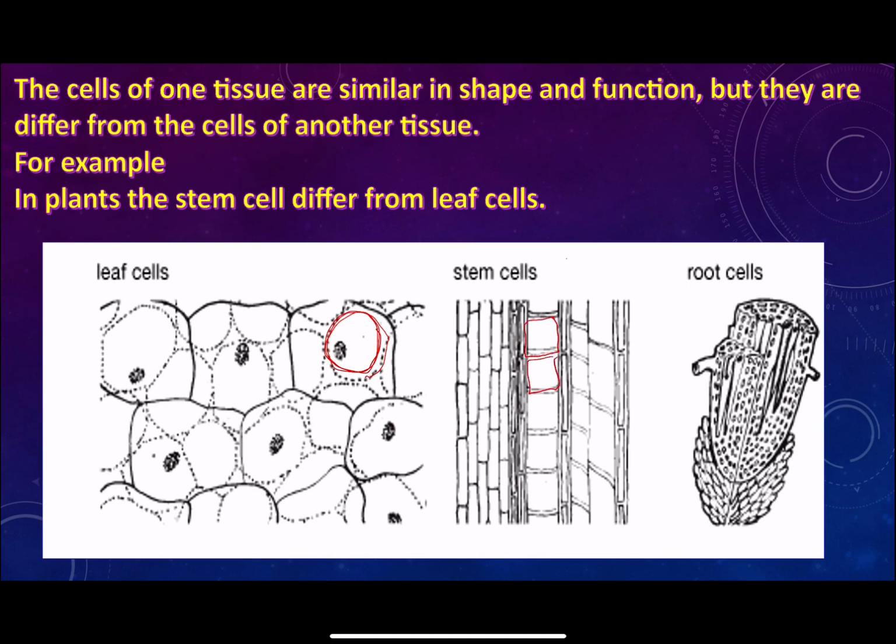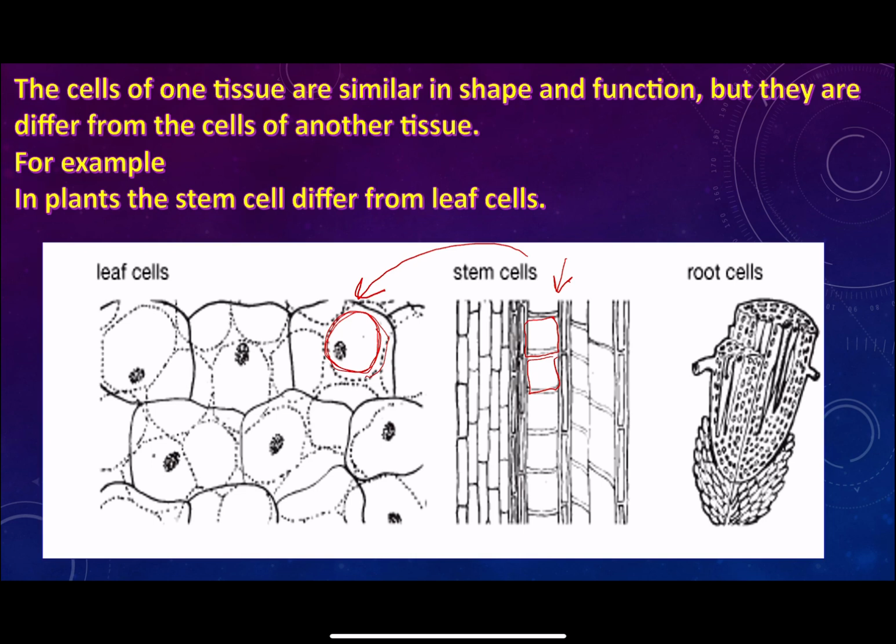The stem cells are similar in shape and function, but differ from the leaf cells, because the leaf cells are the cells of another tissue.